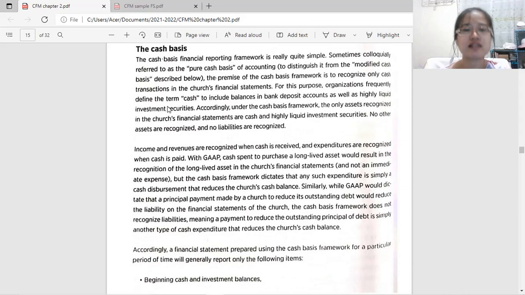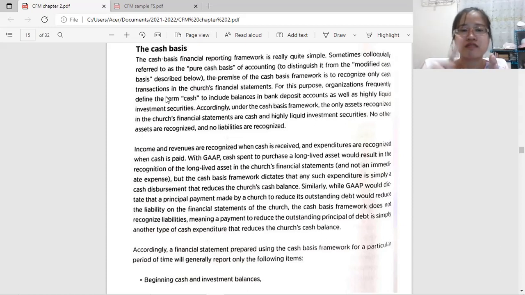And then the cash basis is that you record the transactions when you pay the cash or when you receive the cash. So that's why it's called cash basis. You record the revenue when you receive the cash. So in the case of that person paying the tuition, even if the lessons have not been rendered yet, because the student paid at the beginning of the trimester, the payment would be recorded as revenue already.